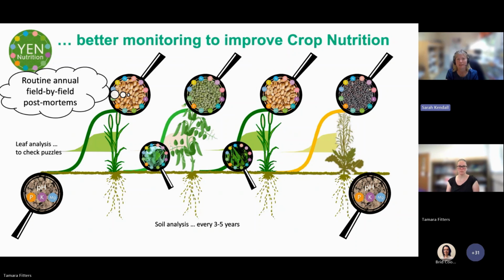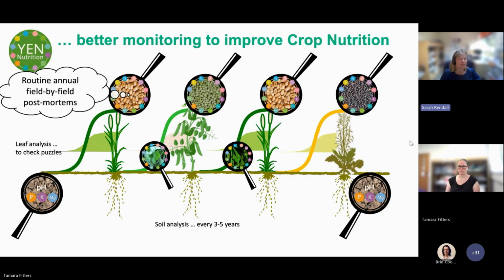So leaf analysis might be used on farm to make in-season checks, if there are any symptoms or uncertainties, to use that as a way to help gauge what's going on. But routine annual field by field postmortems are new, and we think that they can contribute significantly to helping to provide better monitoring to improve crop nutrition.